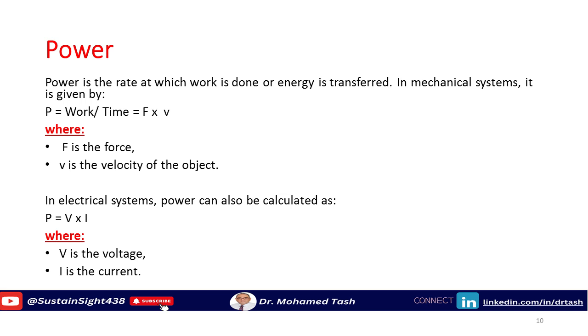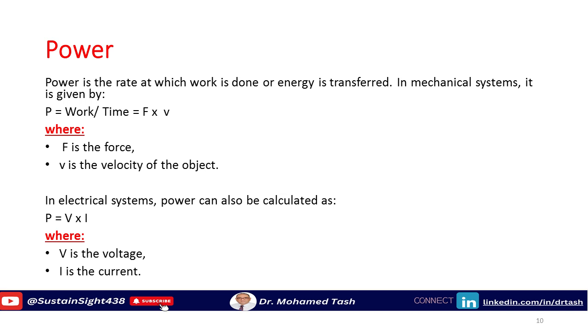In electrical systems, power is also a key quantity, and it can be calculated using the following formula. P equals V multiplied by I. Here, P, power, is equal to the voltage V across a component multiplied by the current I flowing through it.